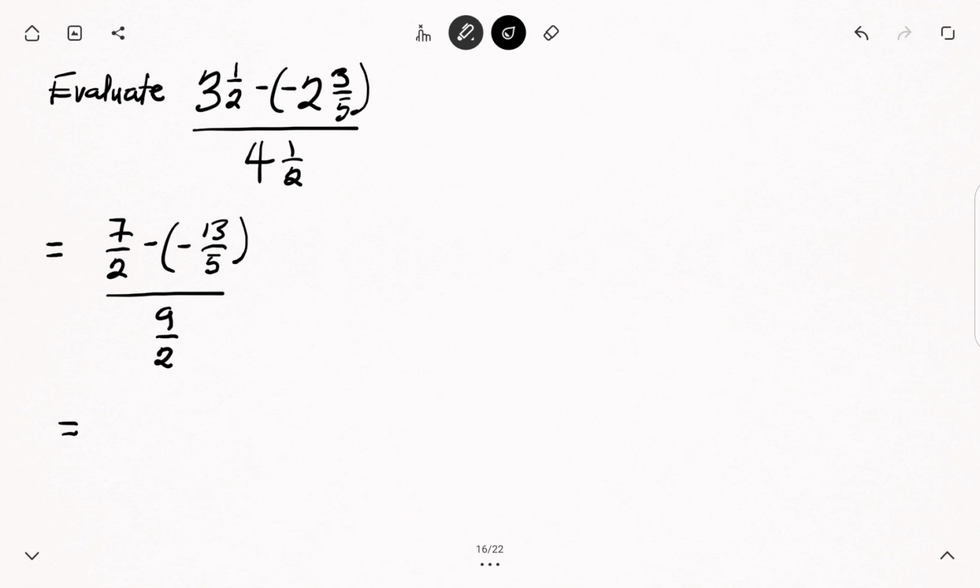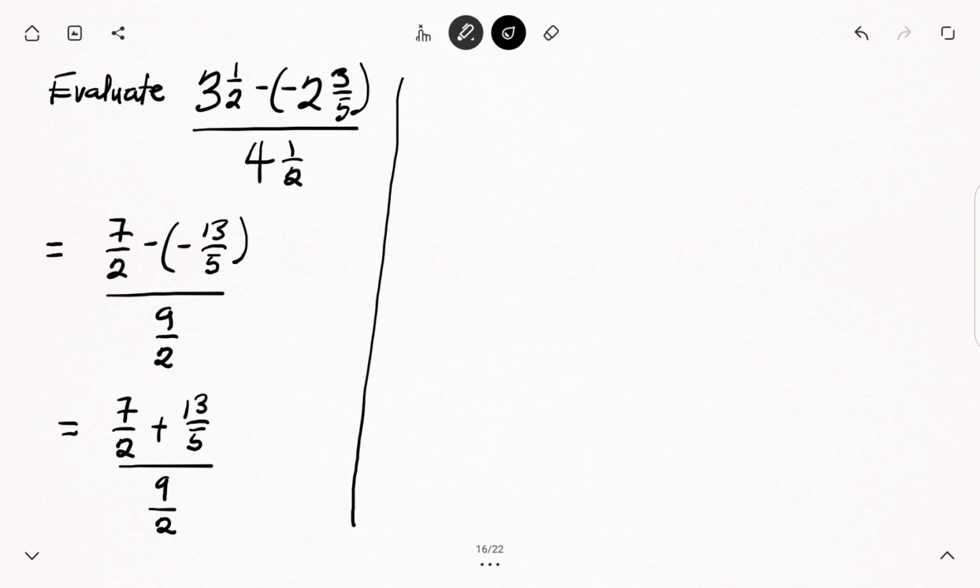So this is equal to 7 over 2. The negative sign over here, multiply the negative 13 on 5. Negative multiplied by negative will give us positive. So this becomes plus 13 on 5, all divided by 9 on 2.